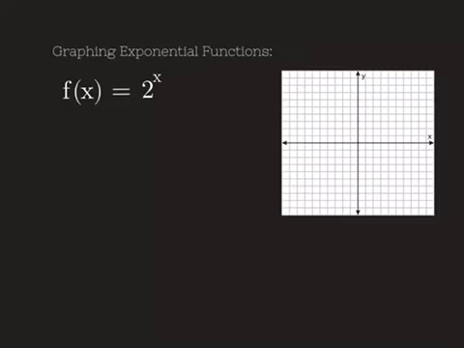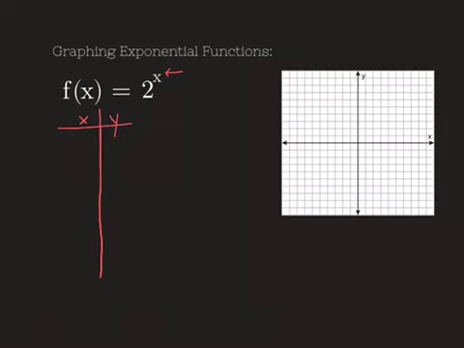All right, now we're going to take a look at what the graph of these functions looks like. So just like we've done with every single function we've looked at so far, we are going to start by making an XY table. And again, since x is our variable, we're going to choose values of x. Now, we have no restrictions on what we can plug in for an exponent.